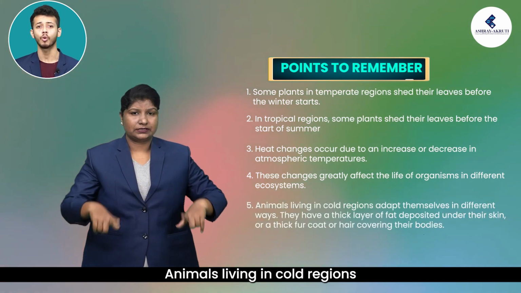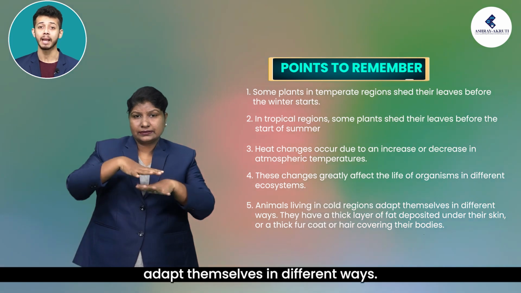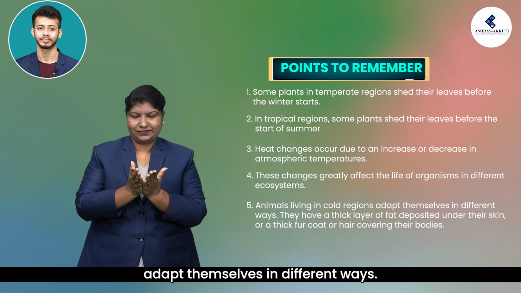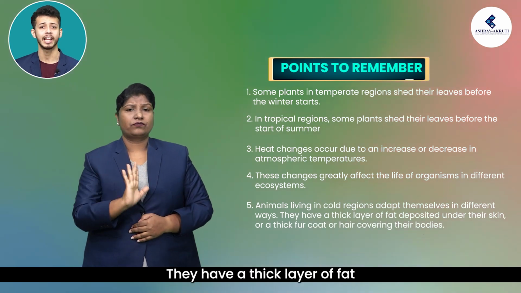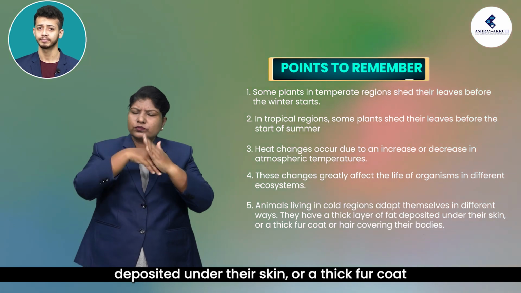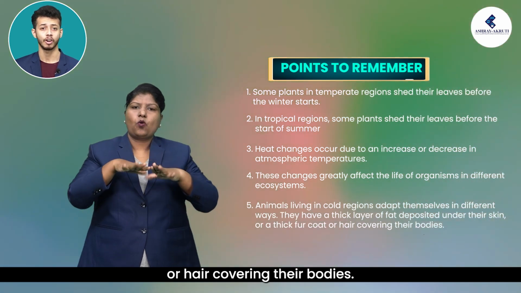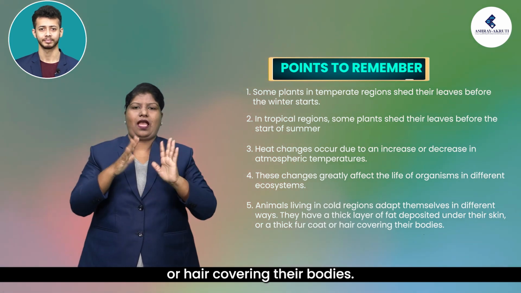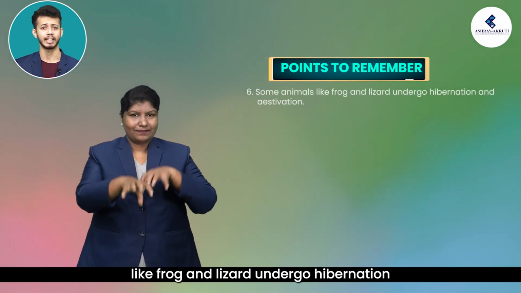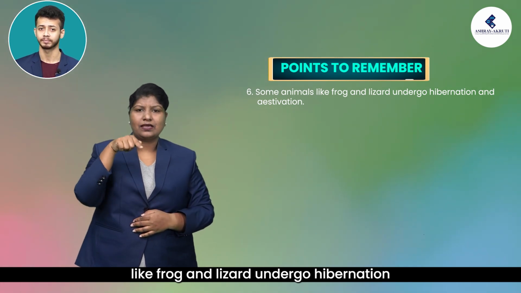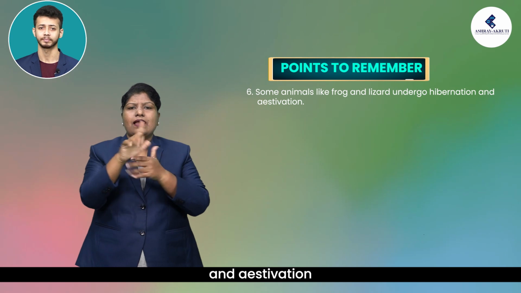Animals living in cold regions adapt themselves in different ways. They have a thick layer of fat deposited under their skin or a thick fur coat or hair covering their bodies. Some animals like frog and lizard undergo hibernation and aestivation.